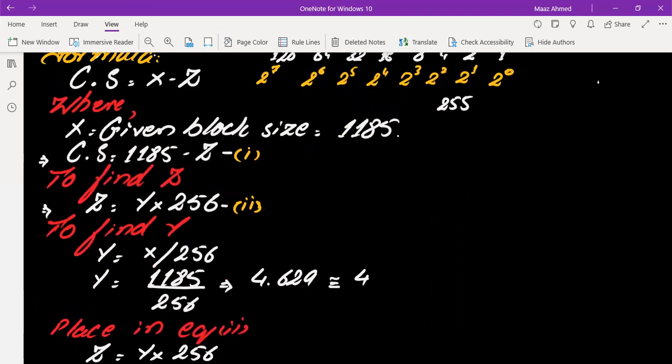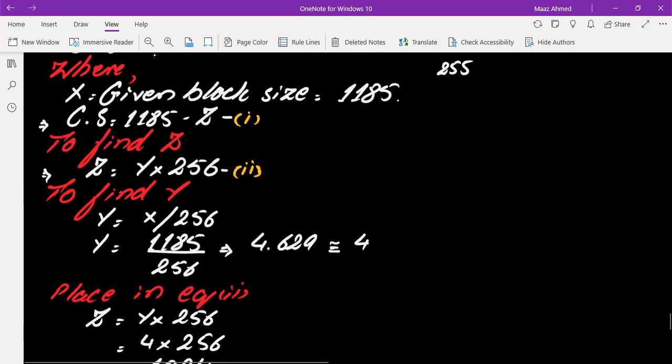Z is equivalent to y into 256, whereas we are also not provided with the value for y. So we do have to calculate the y as well, and the formula to calculate y is equivalent to x divided by 256.